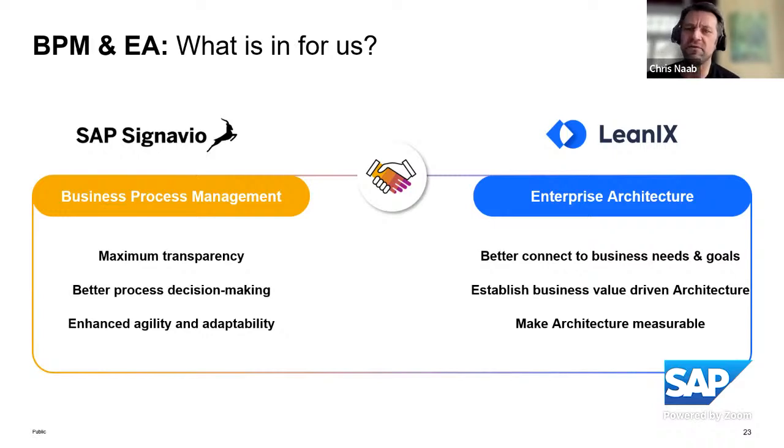Now, what is in for our enterprise architecture practice? So undoubtedly we'll be able to better connect to business needs and business goals simply by understanding how well the business is, and by getting some objectivity into the state of business, by being able to measure the business processes and understand what are the applications that are currently supporting those business processes.